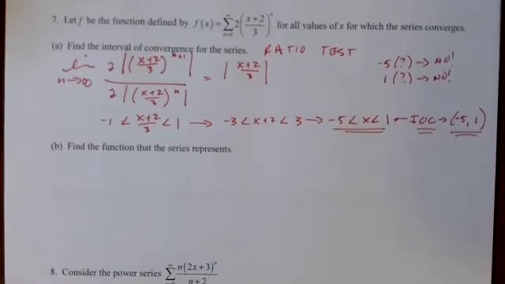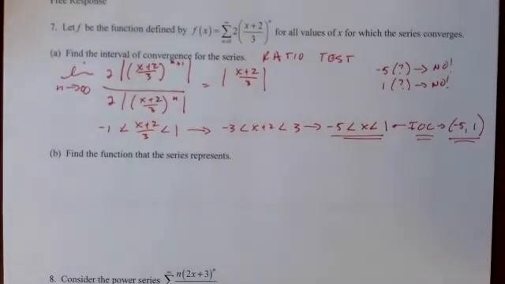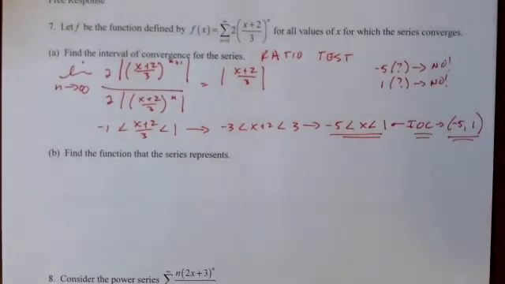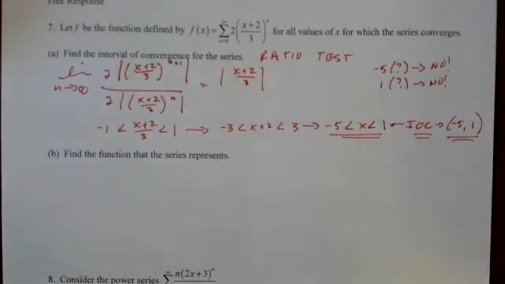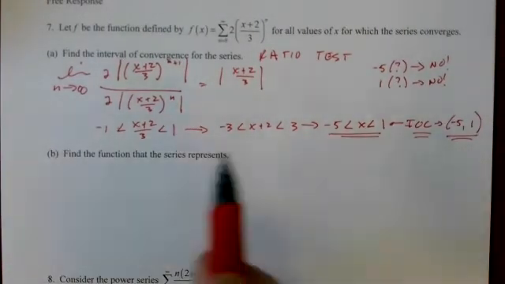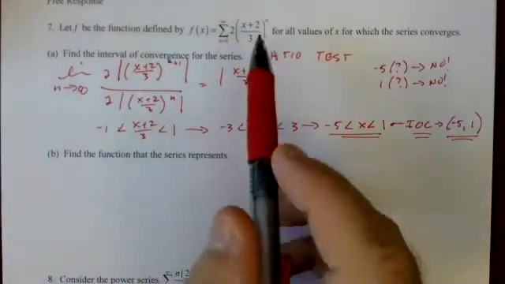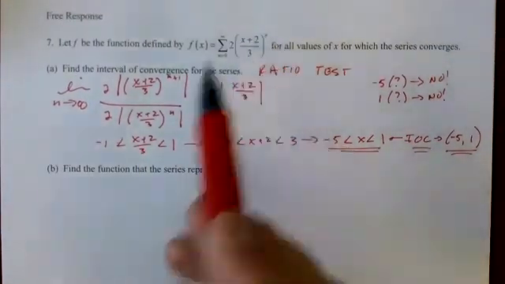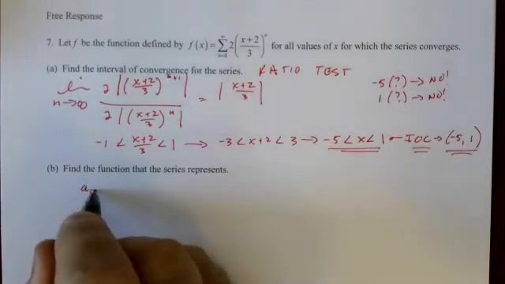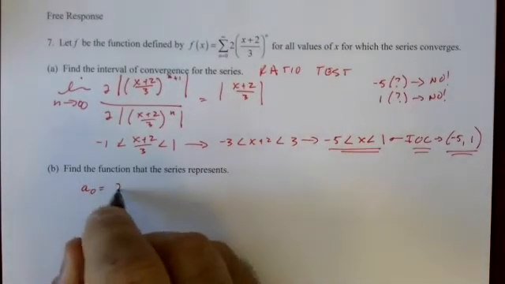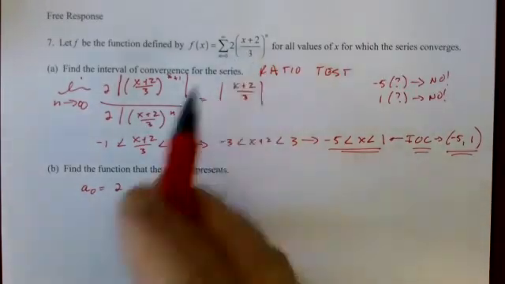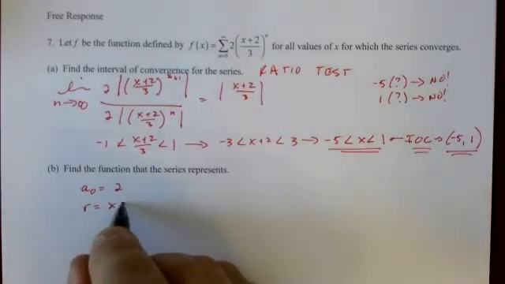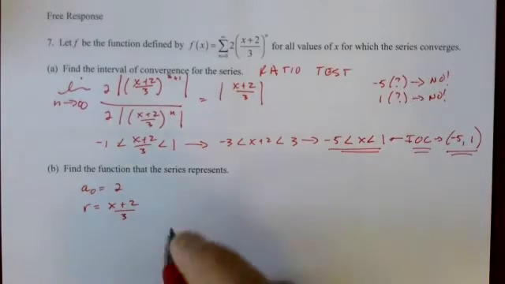Onwards, find the function that the series represents. Now, this one just freaks me out the first few times I see it, so don't panic. When it converges, we can just say it's the first term, plug in 0. So A0 equals 2. And what are we multiplying by each time? R equals (x plus 2) over 3.